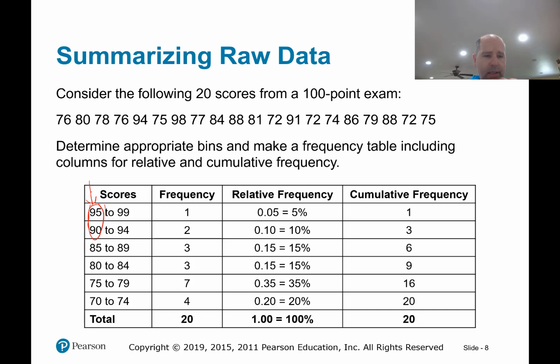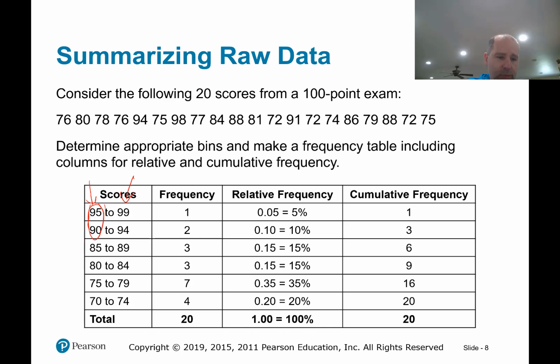So that's the lower class limit. These are the upper class limits. So if you subtract any two consecutive upper class limits or any two consecutive lower class limits, you'll get the class width, which in this case is 5. So every class or bin has a width of 5. So that's how they determined this.